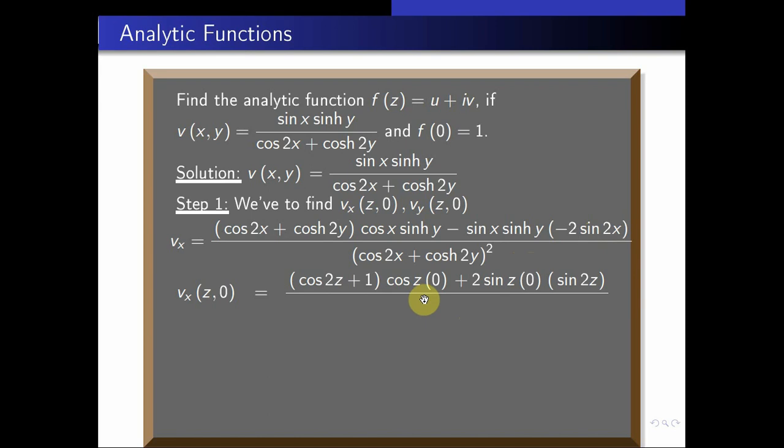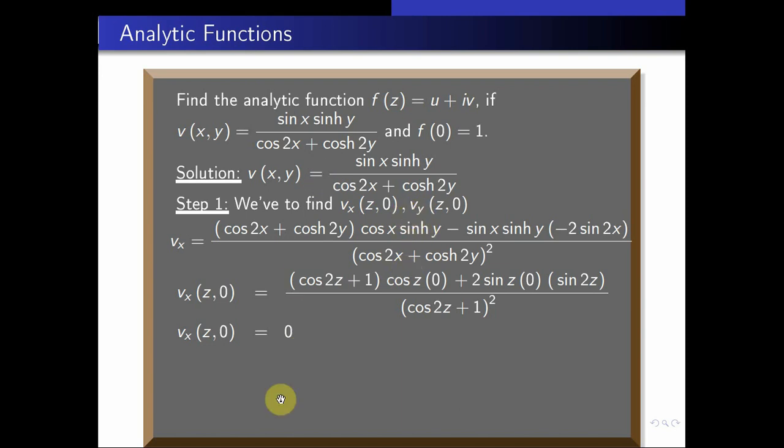Whole thing divided by cos 2z plus 1 the whole square. Now see, the first term is multiplied by 0, so it becomes 0, and here also the entire term is multiplied by 0 and is also 0. And 0 plus 0 is 0, and 0 by anything will become 0. So Vx of z comma 0 is 0.